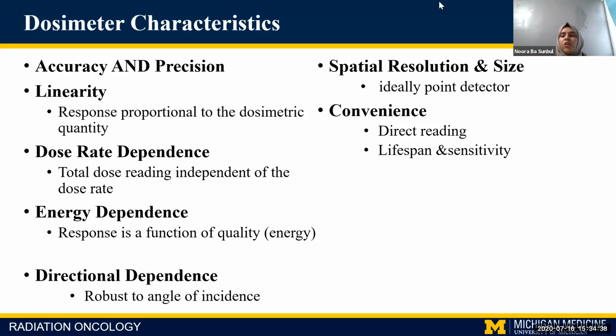For example, if you are looking into monitoring the dose during your treatment delivery, you want the reading to be a direct reading. So for that case, films or gels will not be used as they need post processing. An ionization chamber would be more convenient for that application, and so on. So based on your application and the characteristics of the dosimeter, you're going to choose the more suitable one for that specific application.